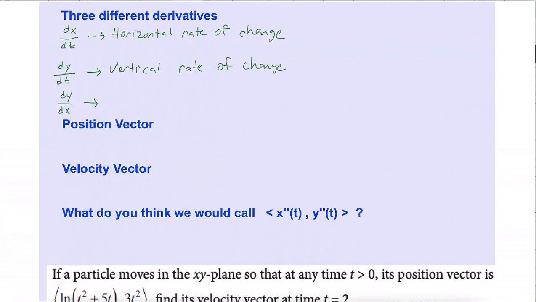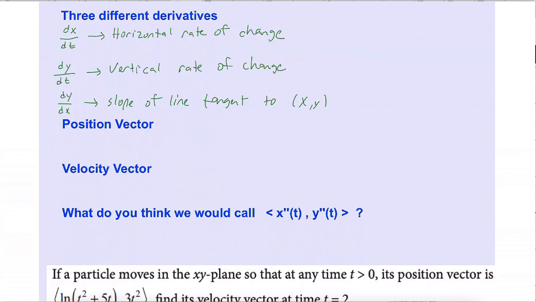It doesn't really make that much sense physically, but it does make sense graphically. It means the same thing that we saw before. It is the slope of the line tangent to any coordinate on the curve. So those are our 3 derivatives.